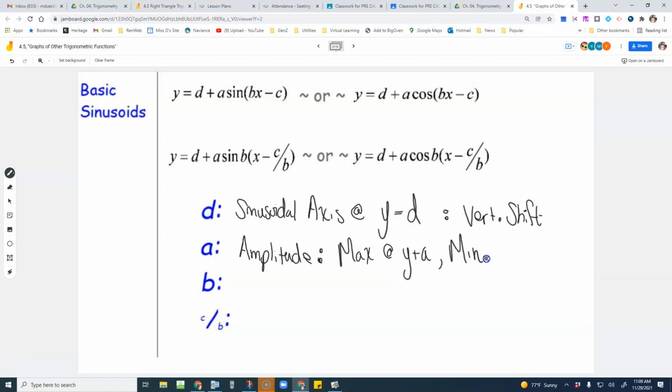And the minimum is going to be at, well, I guess I should just say what the y is. So it's going to be d. The min is going to be at d minus a.